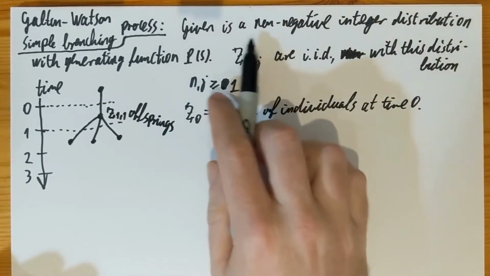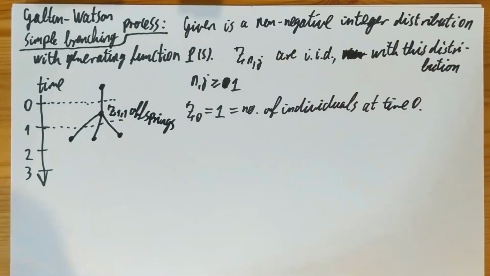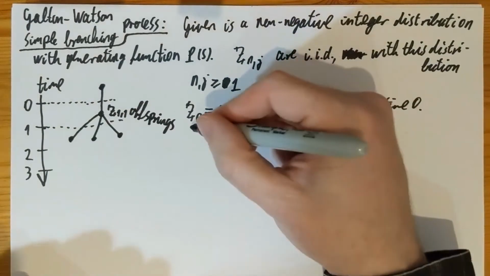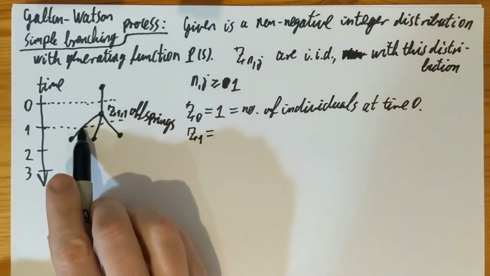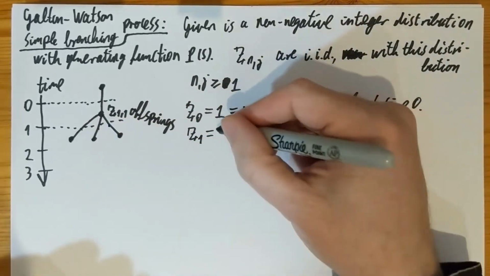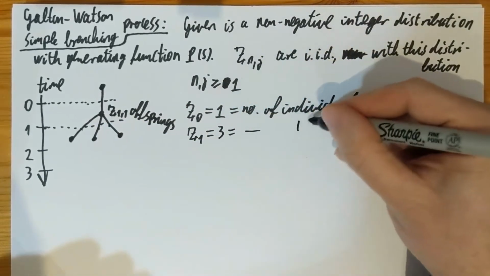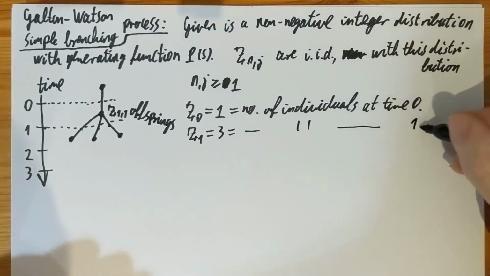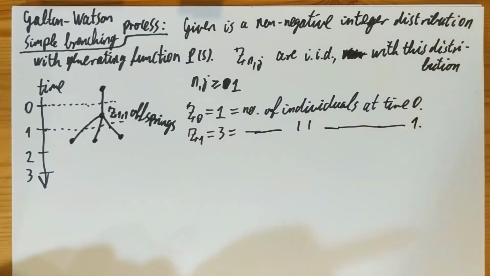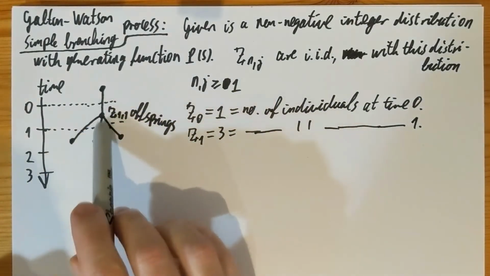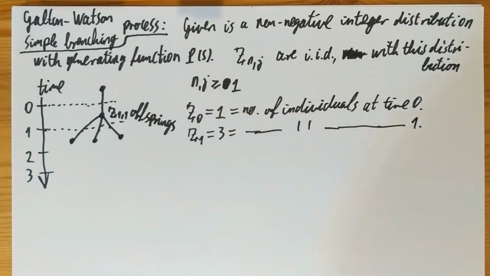Z11 is one of these random variables with generating function P(S). So in this picture the number of individuals at time 1 is 3: 1, 2, 3. That's because this one individual initially decided to have 3 offsprings between time 0 and time 1.